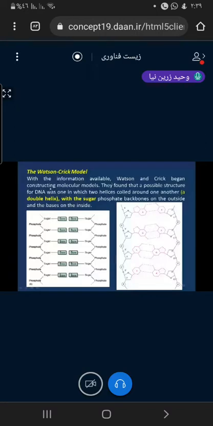They found that a possible structure of DNA was one in which two helices coil around one another, with the sugar and phosphate backbone on the outside and the bases on the inside. Phosphate and sugar outside, bases on the inside.